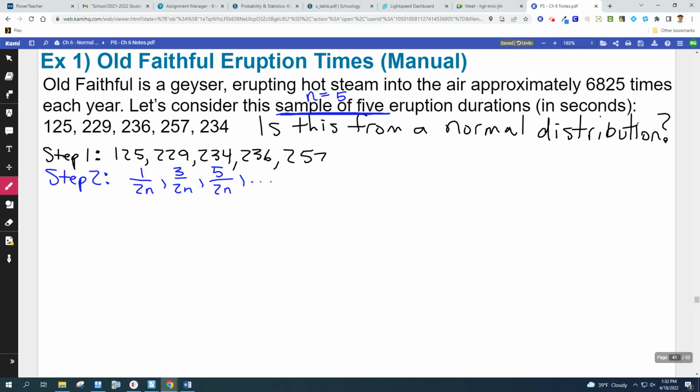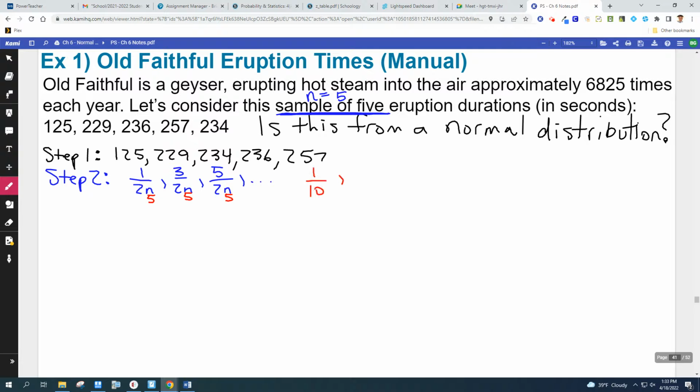Now that we know that n equals 5, it's a little bit easier to understand what they want me to do. If n equaled 5, then my denominators become 2 times 5, which is 10.